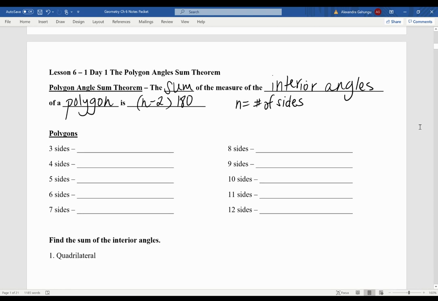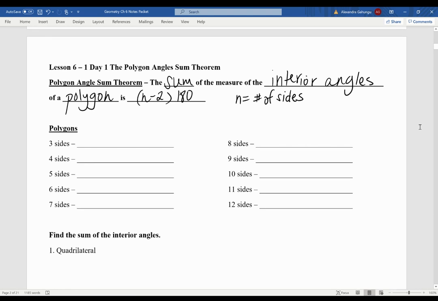And we're just going to add a couple of names in here for our polygons. Some of these are familiar. A three-sided polygon is a triangle. Four-sided is a quadrilateral. We've got a pentagon for our five-sided figure, a hexagon for six-sided.